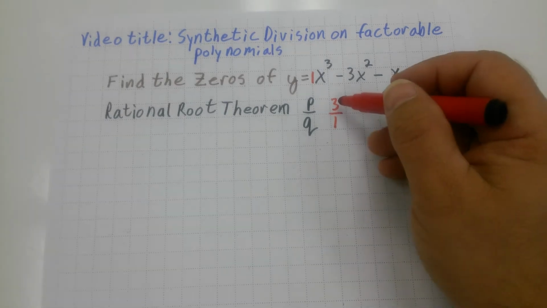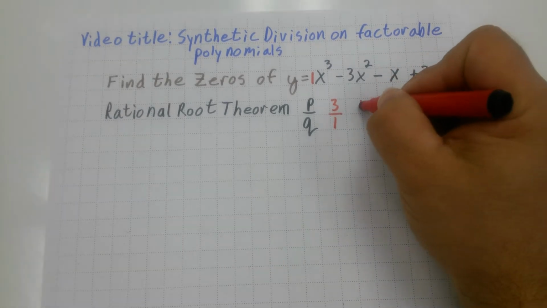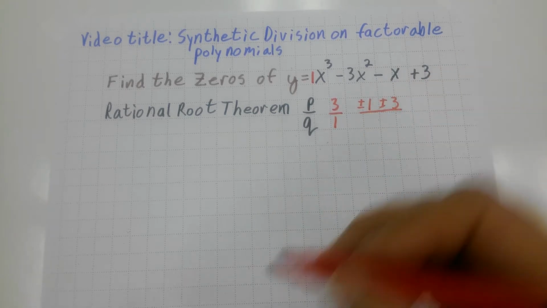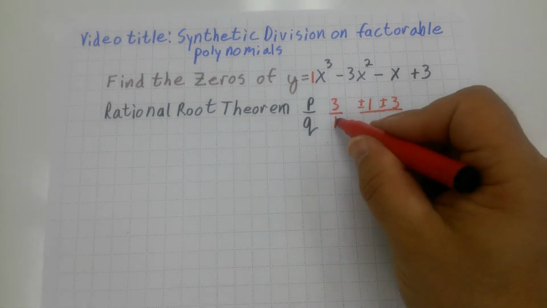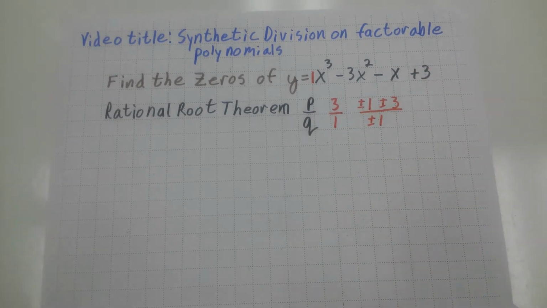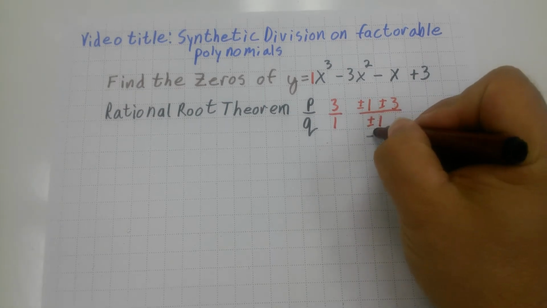Now you need to find the factors of 3. That's going to be plus minus 1, plus minus 3. And that goes over the factors of q, which are 1, so it's plus minus 1. This gives me a couple of answers. The first possible answer, from least to greatest, is negative 3.